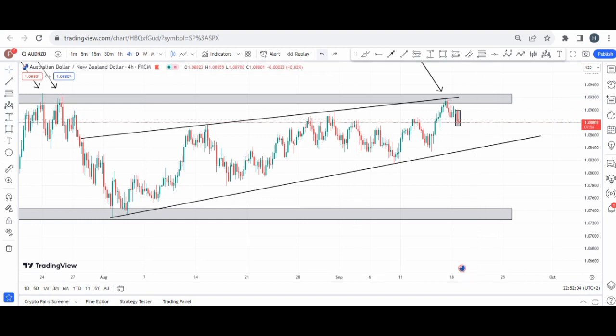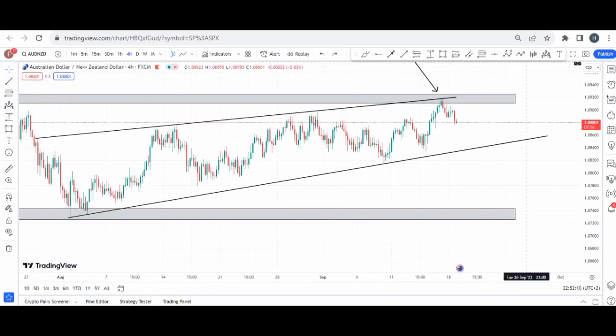So sellers are currently in control of this market, and as you can see, from this high the market made a low, then it pushed to a higher low, then it gave us a lower low. Actually, it's already a lower low, and we can look for the market to reverse, then enter a push to the downside.